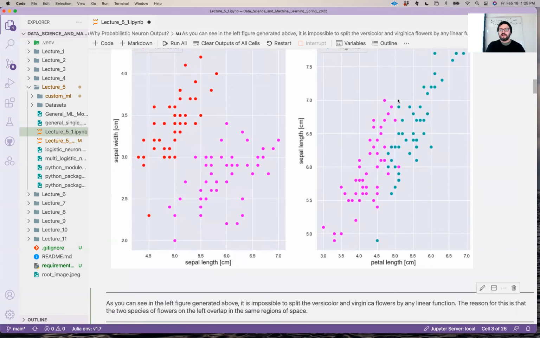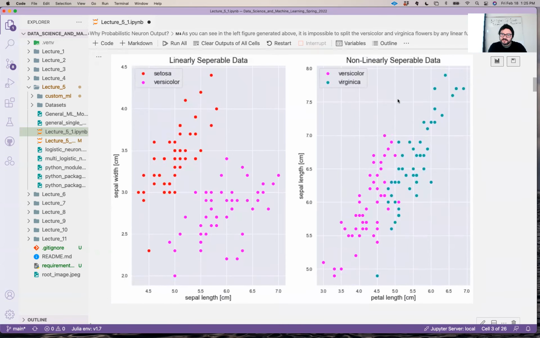However, looking at it and focusing on the petal length, if I were to draw a vertical line at, say, 4.7 or something, the majority of Virginica flowers would be to the right of that vertical line, and the majority of the versicolors would be on the left, right?